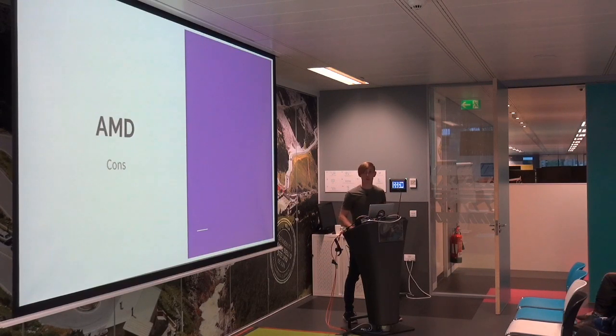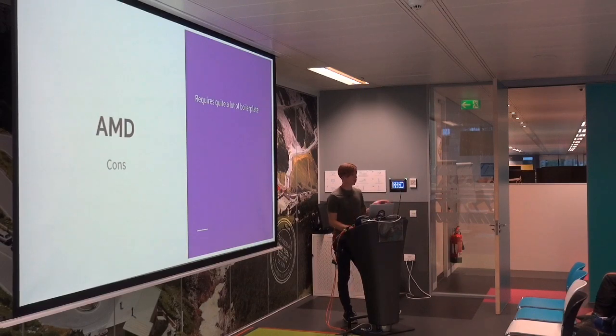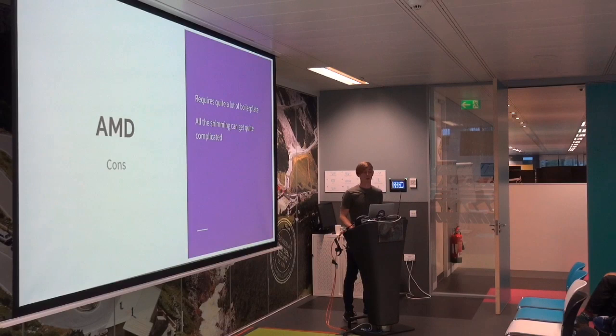But there are some cons as well. It requires quite a lot of boilerplate. If you've ever seen define, you define an array and you have to keep track of what's going on there. All the shimming can be quite complicated. Imported libraries need to support it. With CommonJS it's quite easy: require, export, that's it.